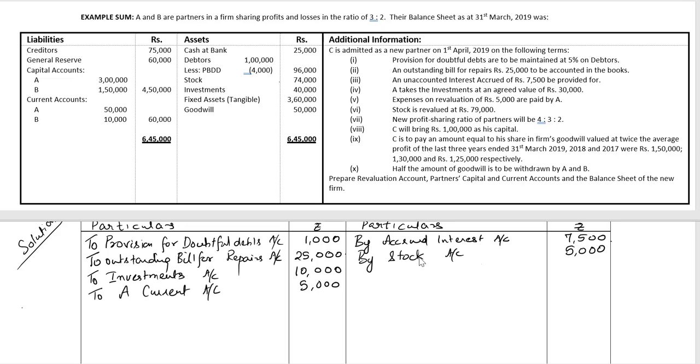The total of the debit side is 41,000 rupees. And the total of the credit side is 12,500 rupees. So we are left with a loss on revaluation. Greater total 41,000 rupees.